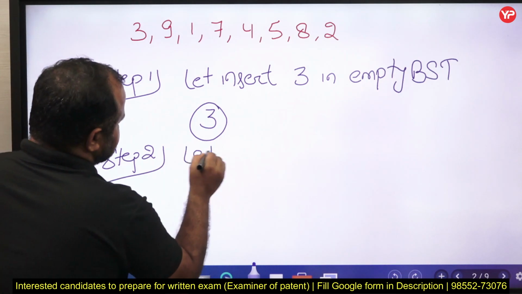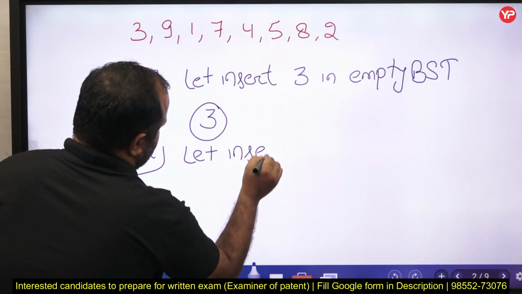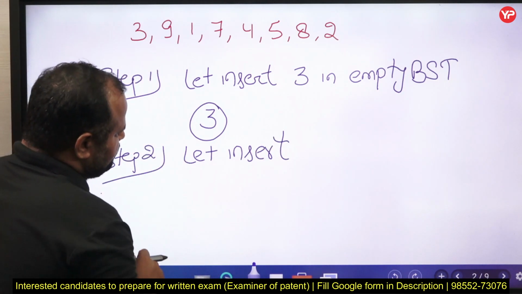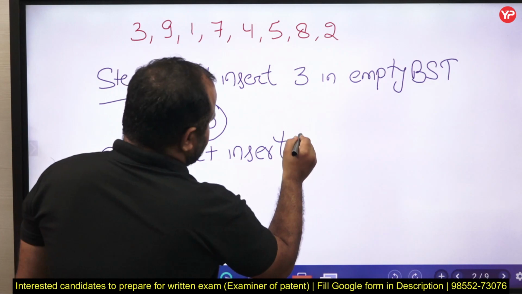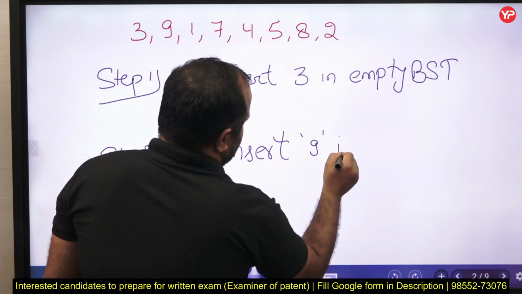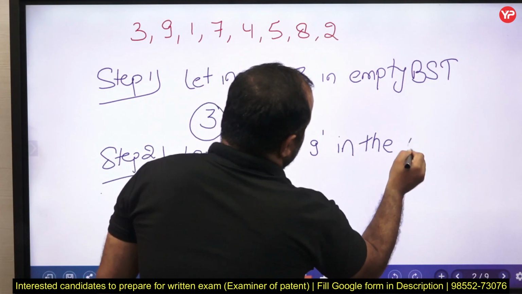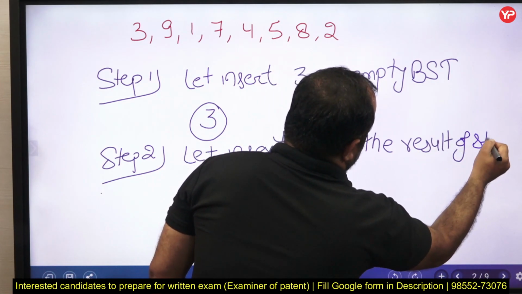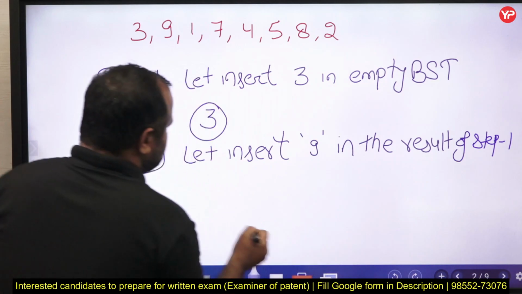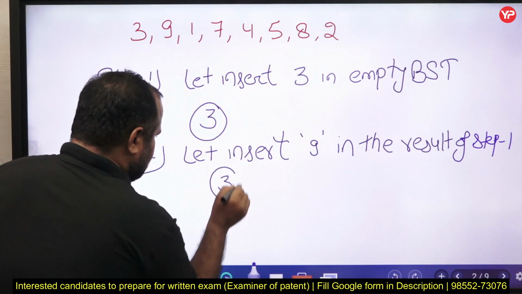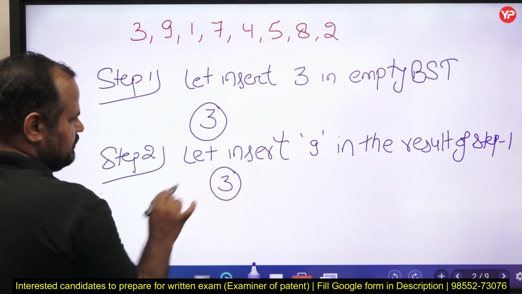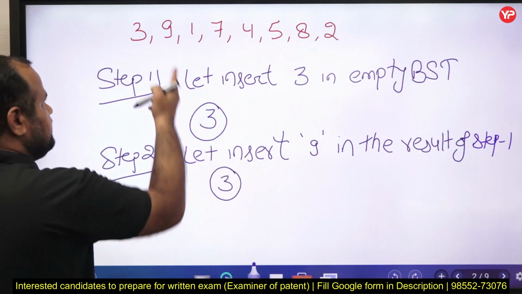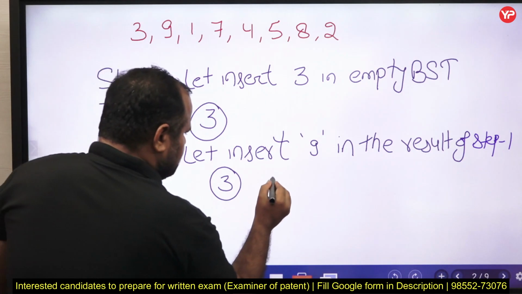Step 2, let us insert 9. Because it is descriptive in nature, you have to write this step by step procedure. So let us insert 9 in the result of step 1. So 3. Now start from the root of the tree.